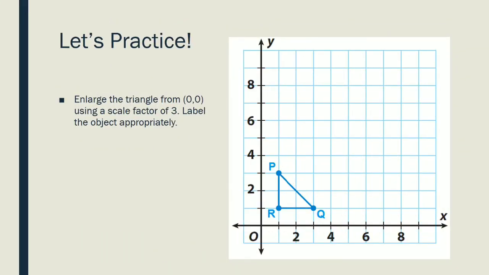Let's have some practice using all the points that we just mentioned. Enlarge triangle PQR from the origin using a scale factor of 3. Label the object appropriately.